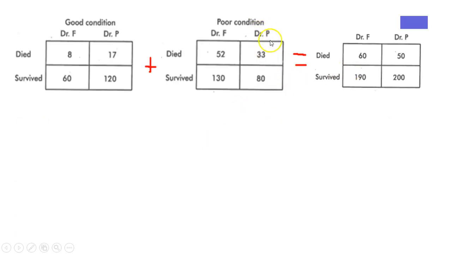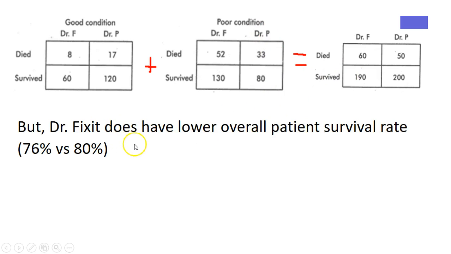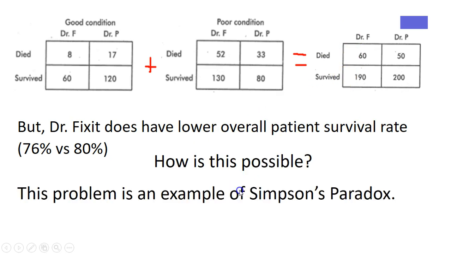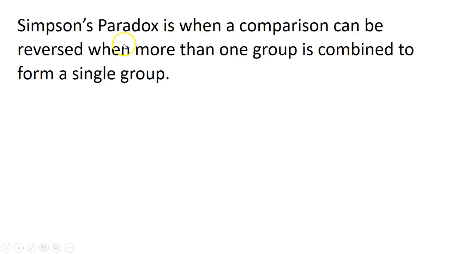But together, Dr. Patch looked better. But Dr. Fixit does have a lower overall patient survival rate. So overall, how is it possible? The problem is an example of what we like to call Simpson's paradox. Simpson's paradox is when a comparison can be reversed when more than one group is combined to form a single group.